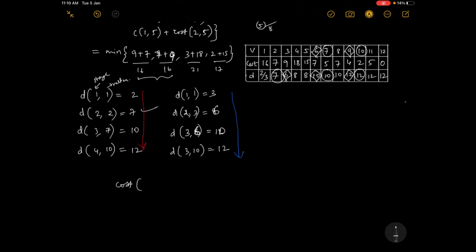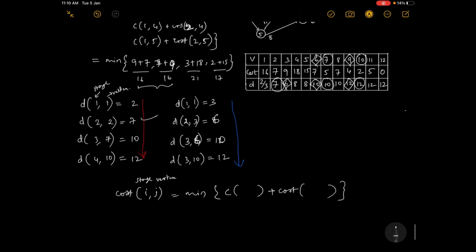We find this formula, cost of i, j, where i is the stage and j is the vertex. Always we have taken this only. The cost formula is stage comma vertex, and it is again a minimum of c and cost we have written. So here what has to be written, we'll have to see.